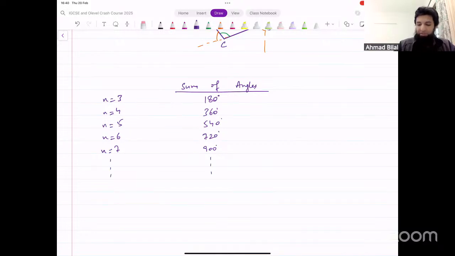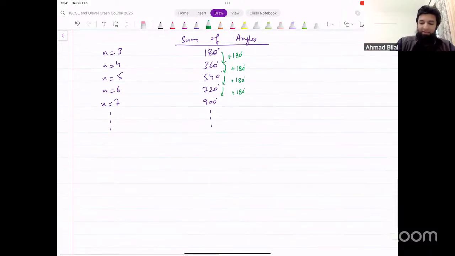What happens is, when you add each additional side or each additional angle, the sum of angles increases by 180 degrees, right? For each additional side and each additional angle, the sum of angles increases by 180 degrees.